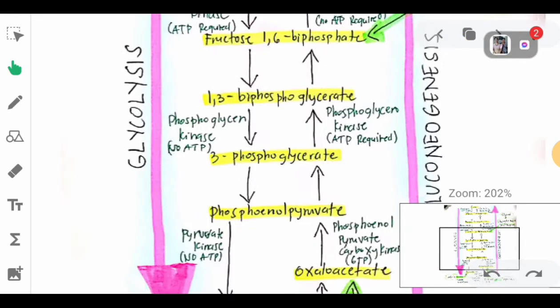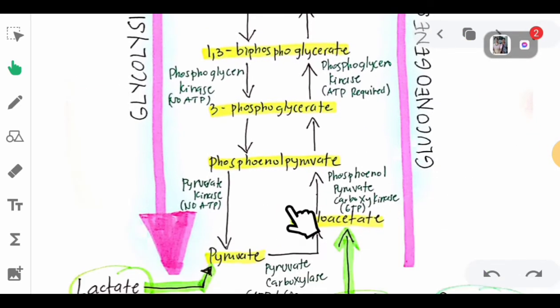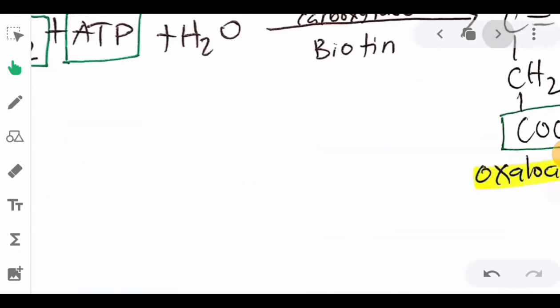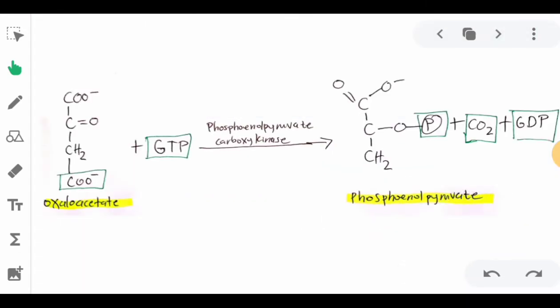Once that has been converted into oxaloacetate, it will be converted into phosphoenolpyruvate with the help of the enzyme phosphoenolpyruvate carboxykinase. Oxaloacetate to phosphoenolpyruvate, with the addition of GTP with the help of this enzyme.